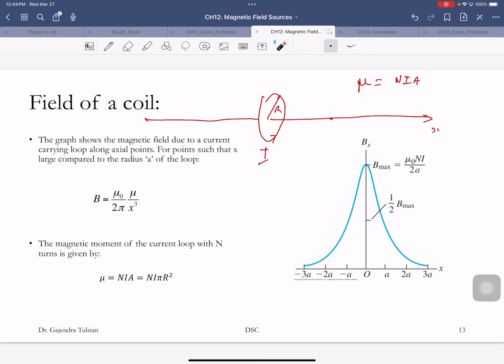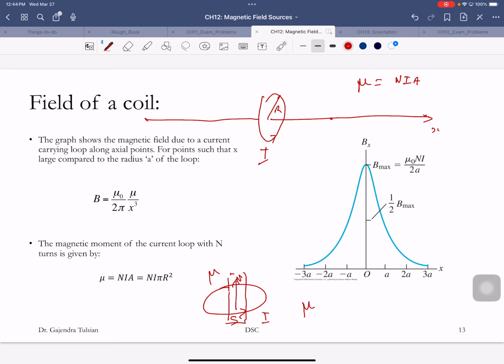What is a current carrying ring? What is this thing called? It's an electromagnet, and the strength of the magnet is given by the magnetic moment, and so the magnet points in this direction. So that's the direction of mu.